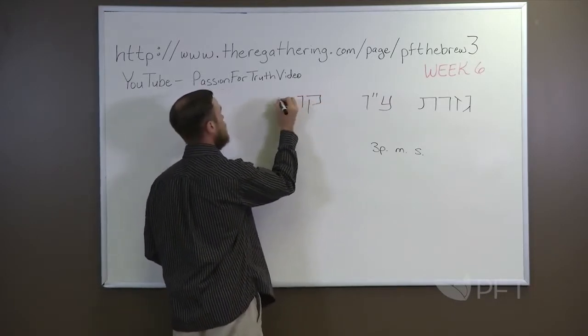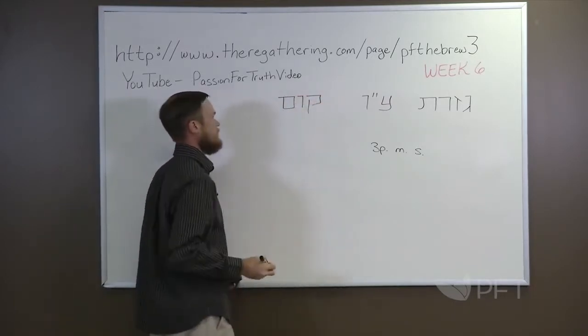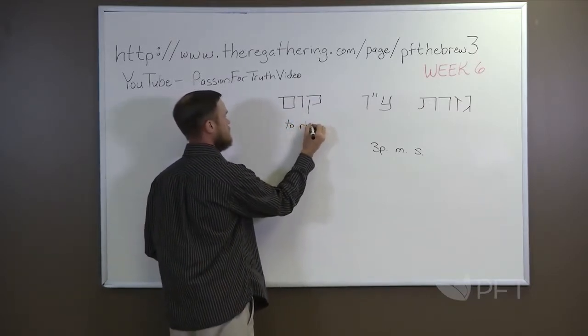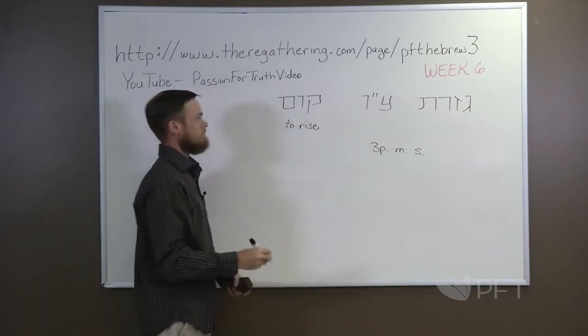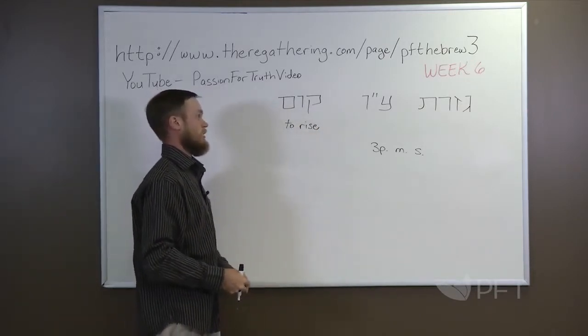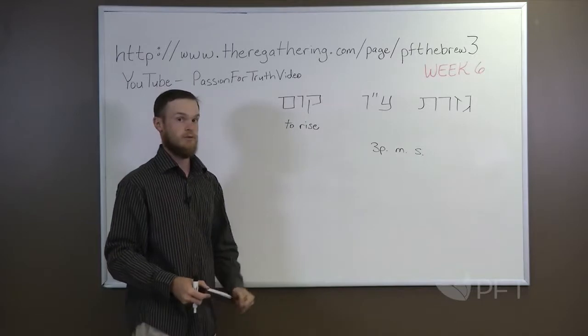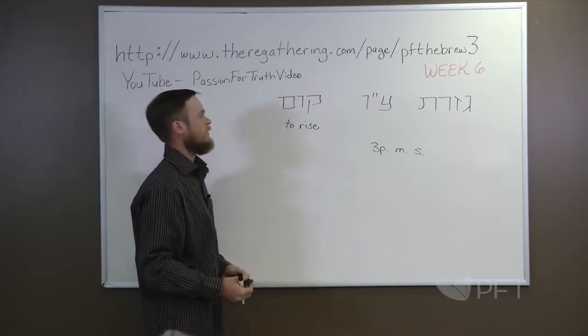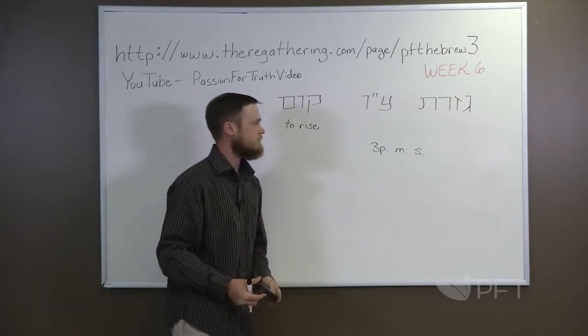Kuf Vav Mem is a root that means to rise. All right, so we can refer to the sun rising with this word, or to us rising with this as well. It does very frequently apply to the sun.